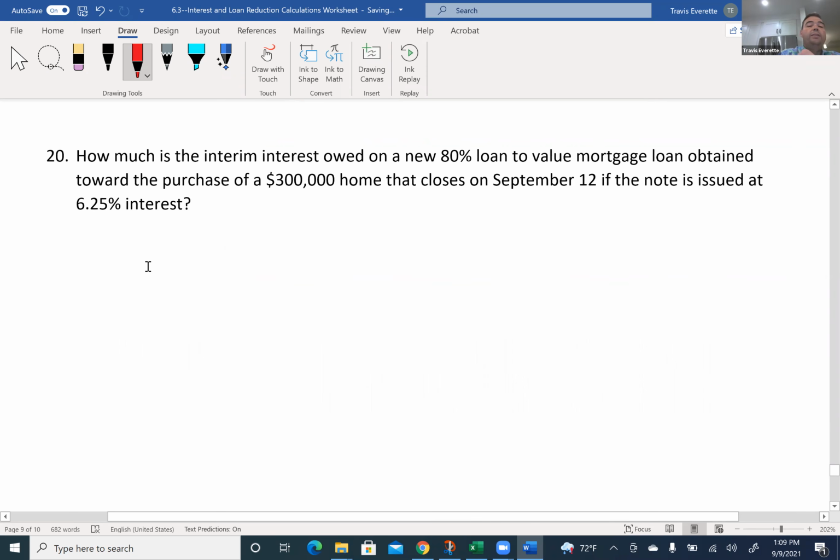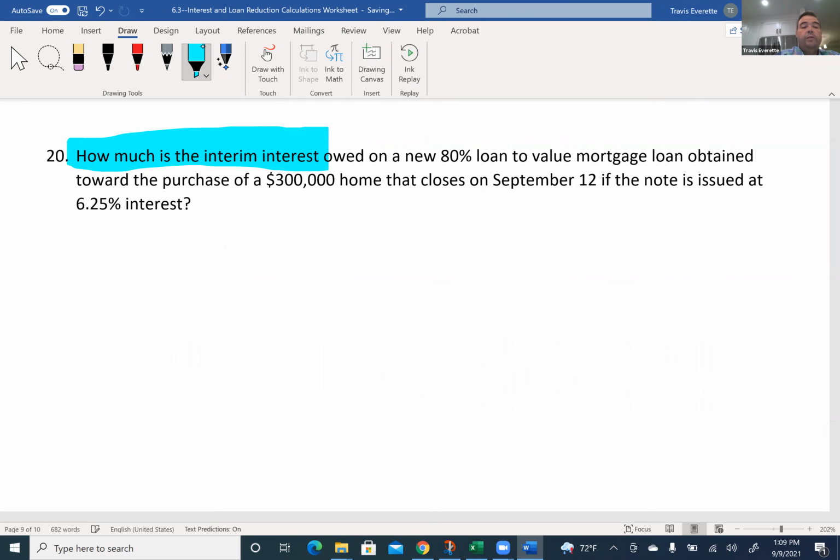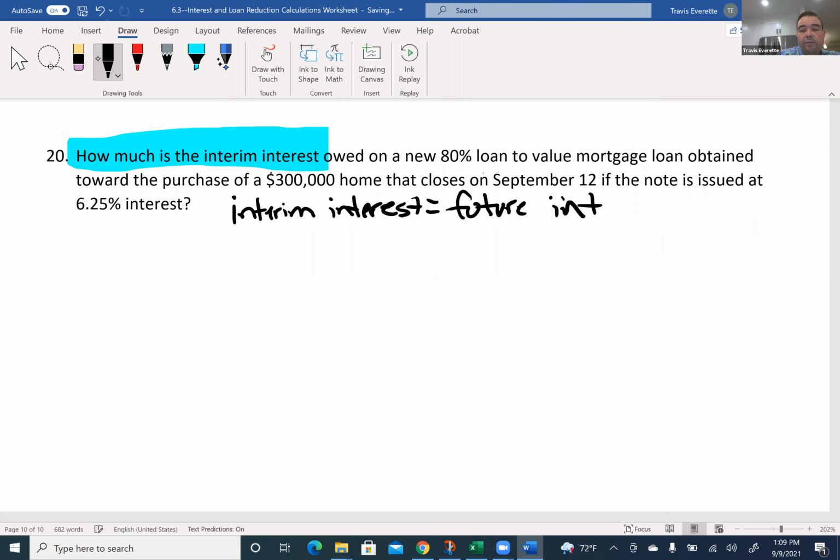Number 20 says, how much is the interim interest owed? Okay, so let's write down what interim interest is. Interim interest is going to be future interest until the end of the month.